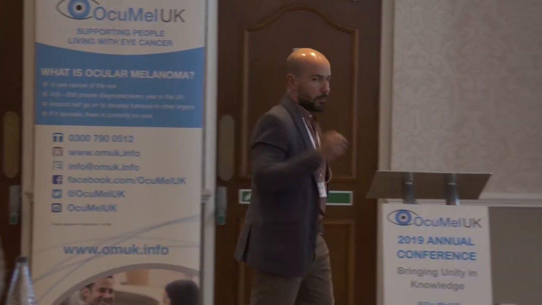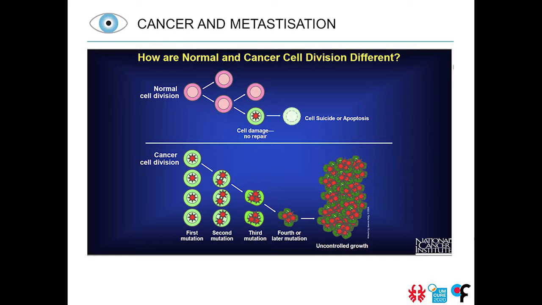So, and as I mentioned, the liver is the main place of metastasis in uveal melanoma, and we talked a little bit about how cancer originates yesterday, okay? When you have a mutation in your DNA, this mutation can generate an oncogene, okay, that has a gain of function, like an accelerator that sends the car against the wall. Remember that image?